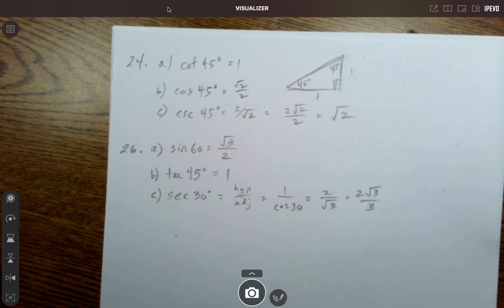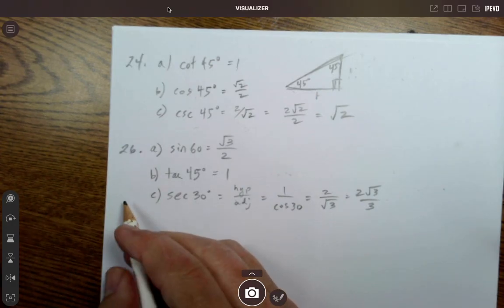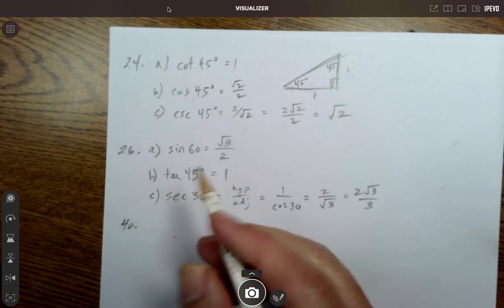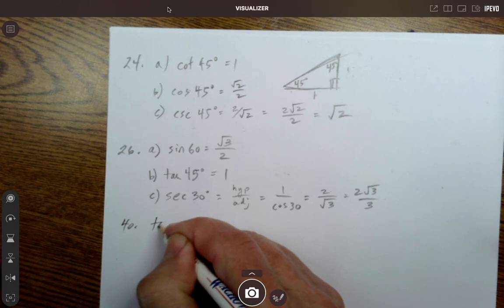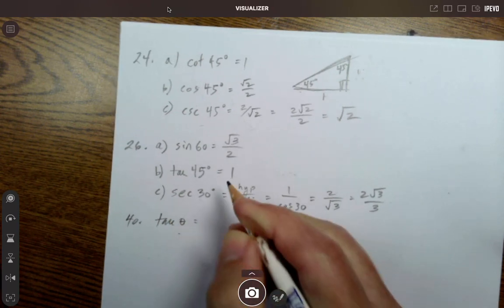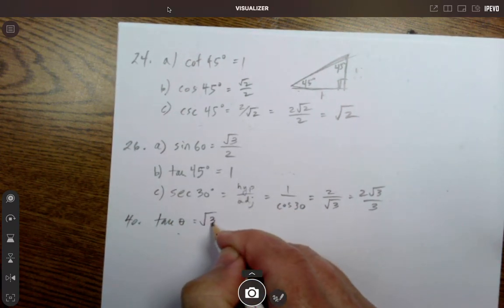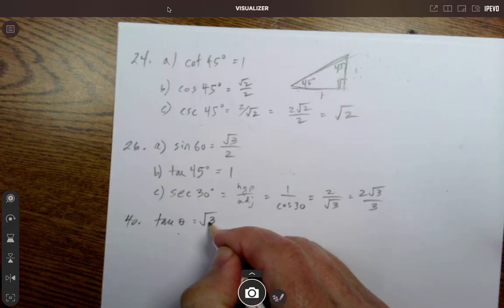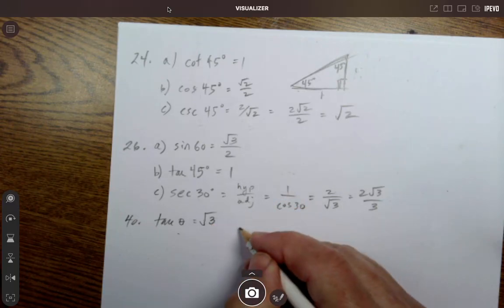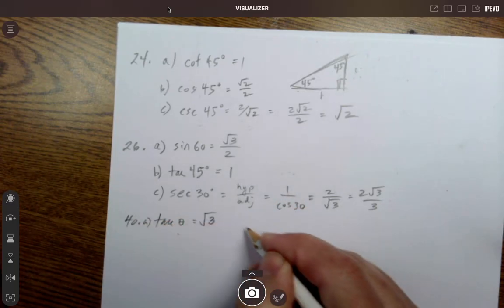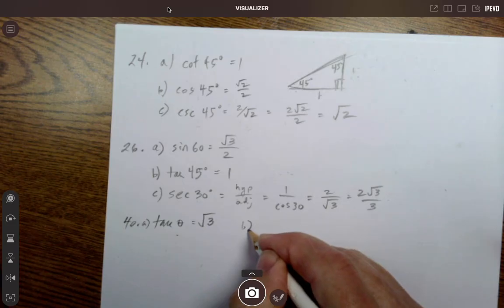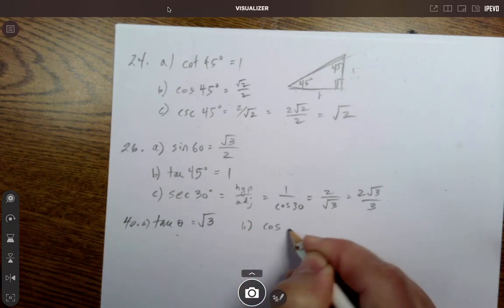So looking at problem 40, I've got the tangent of theta is the square root of 3, and that's A. And I think these go together. B is cosine of theta is 1/2.